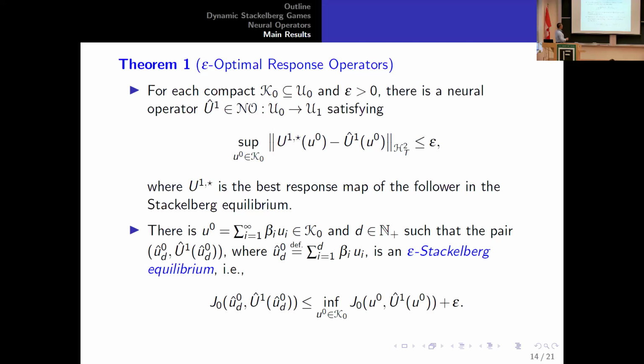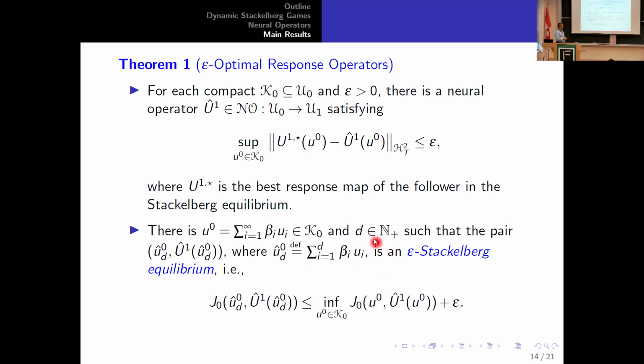The second step is, once we have the existence of the hat U1, how does it contribute to the approximate Stackelberg equilibrium? Here's the property: there exists a U0 in the compact strategy space for the leader, and there is a dimension D. That is why the D is important; the dimension D is to be determined.